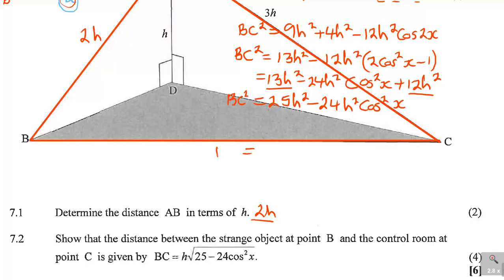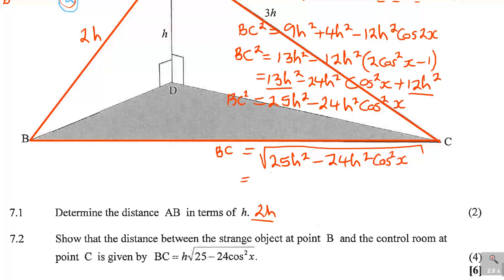And then if I want to find BC, it will be equal to the square root of 25h squared minus 24h squared cos squared x.